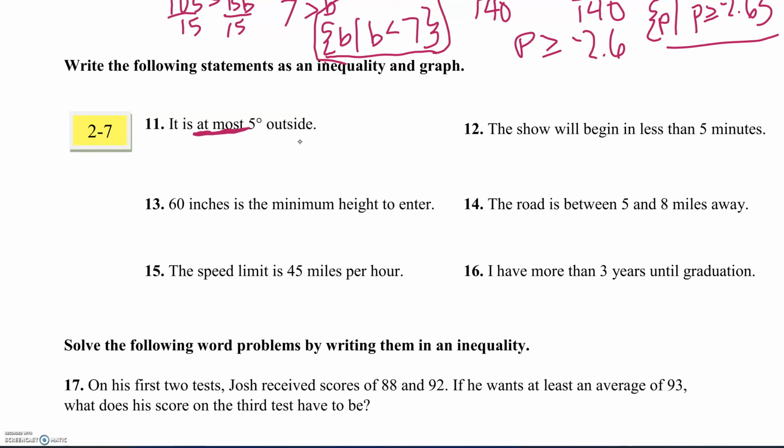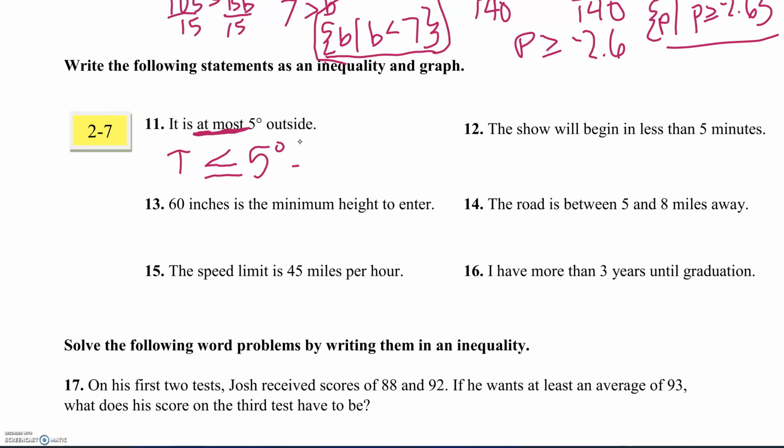So I'm going to go ahead and just use a T for temperature. You can use whatever variable you want. And in the book, they just write out the whole word temperature. So you can do that as well. So I'm comparing that T, that temperature, to 5 degrees. And I don't want it to be any more, but it could equal 5. So at most means less than or equal to 5 degrees.